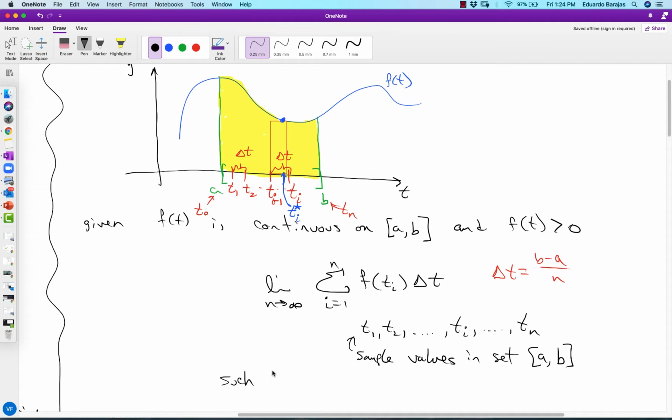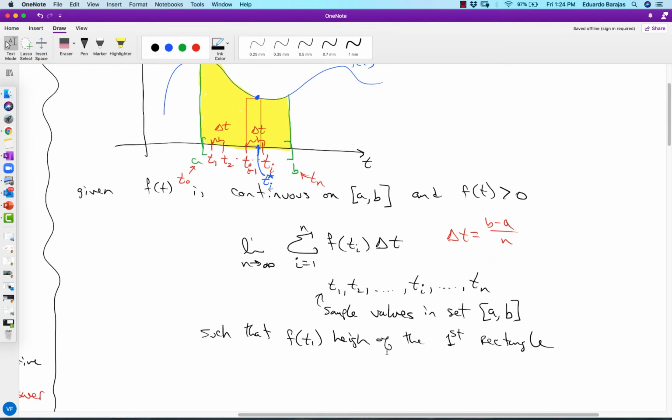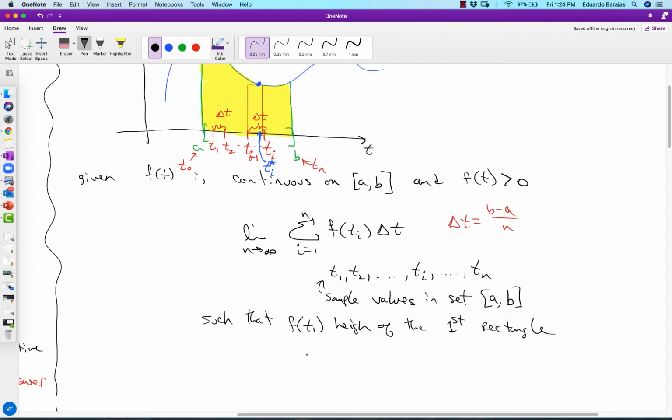Such that f of t sub 1 is the height of the first rectangle, and then f of t sub 2 is the height of the second rectangle, and then dot dot dot.